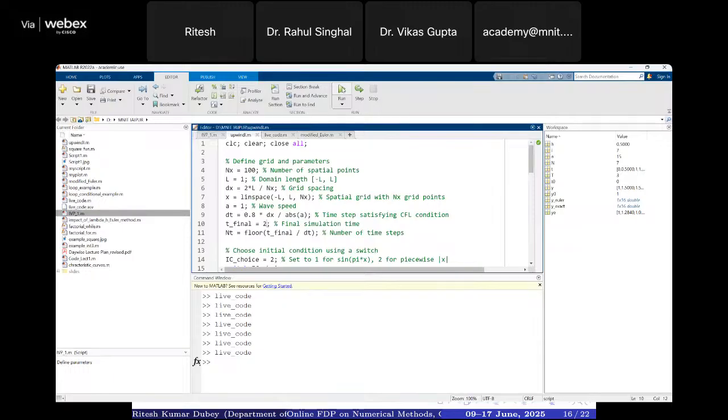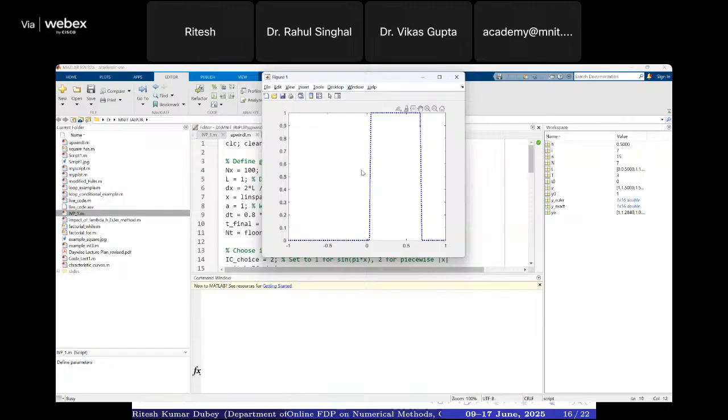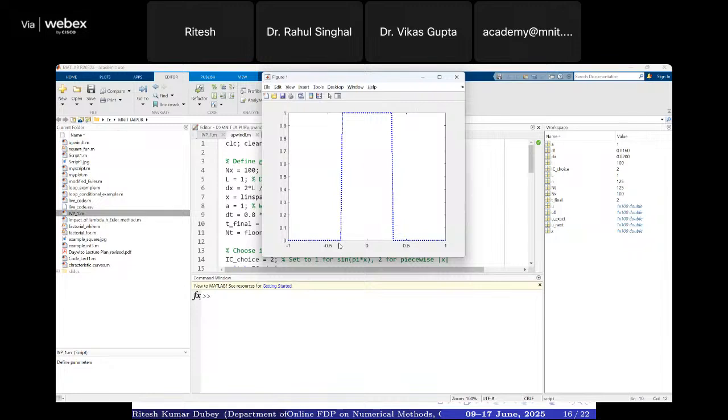Here is the problem which I have taken, and I will be talking about it. This is the initial condition for the linear advection equation or transport equation, and in the MATLAB window you are seeing one of the frames. If you take it from minus infinity to plus infinity, it is propagating from one frame to another frame, and we have taken a kind of boundary condition called periodic boundary condition.